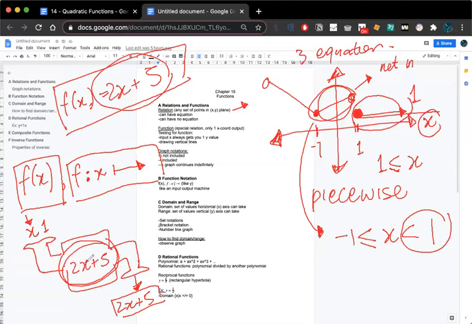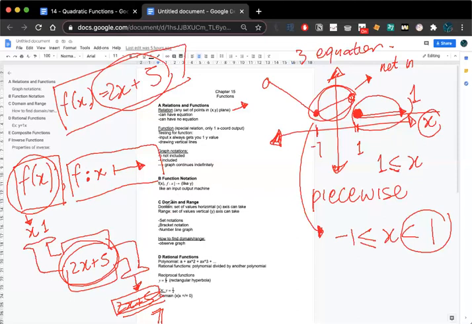So that would be 2 times 1 plus 5. 2 times 1 plus 5 would mean that your output would be 7. So you can see that basically what this is saying is just from input of the machine to output of the machine, something like that.